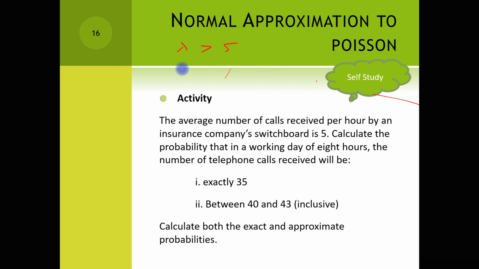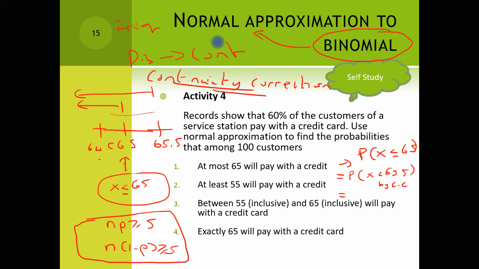We are going to assume that lambda is greater than 5, then your x will follow a normal with mean lambda and variance lambda. But this I leave it to you to study on your own. I just gave you some basic idea about it. Some of this is important because sometimes some books consider these things differently.